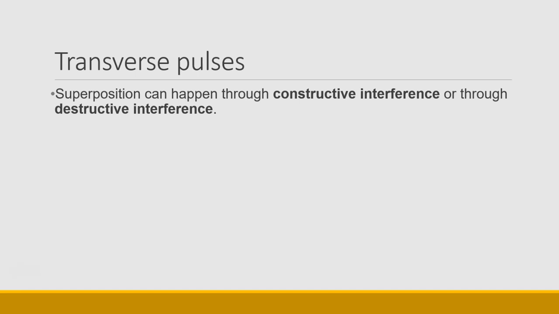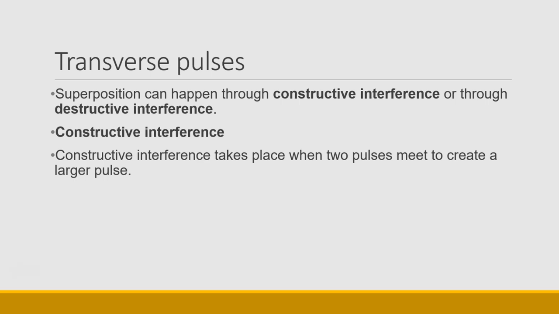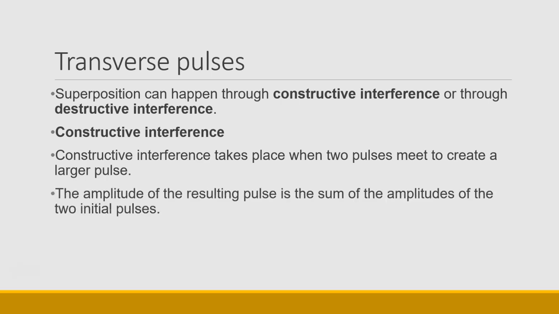Now, there are two types of superpositions. There is constructive interference and there is destructive interference. Constructive interference takes place when two pulses meet and then they create a larger pulse.